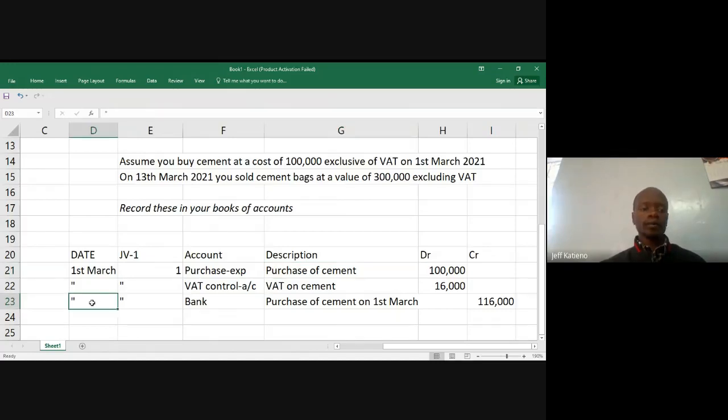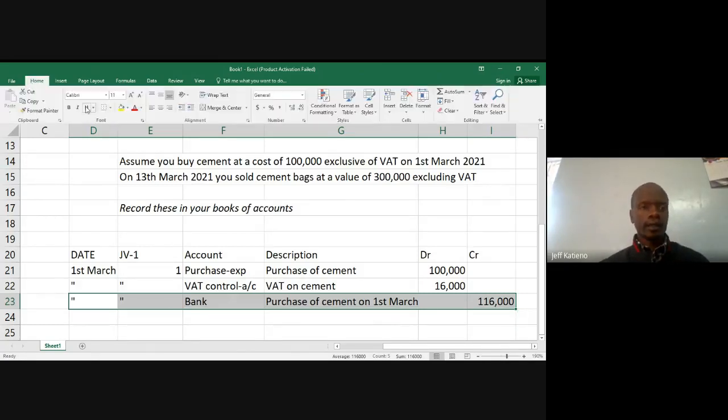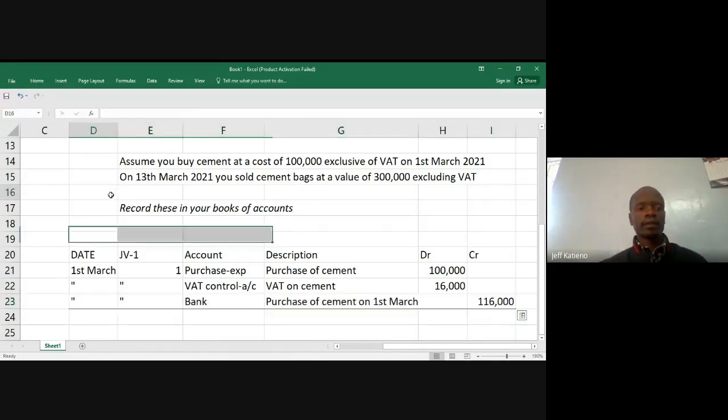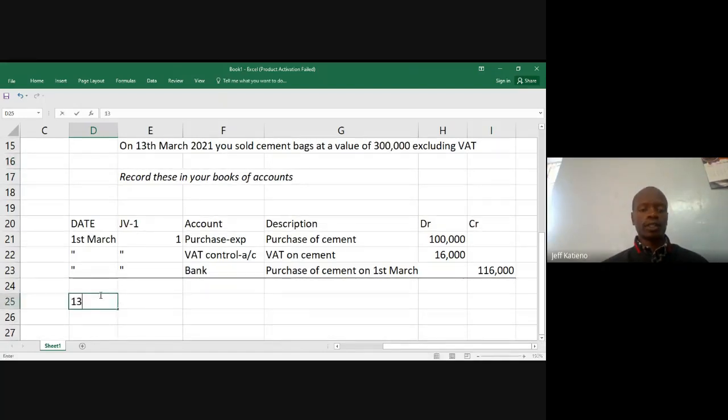And then when you make the sale, let me underline this so that it looks neat. So the sale is 300,000. So you'll have here 13th March, then you'll have 002, and this 001.